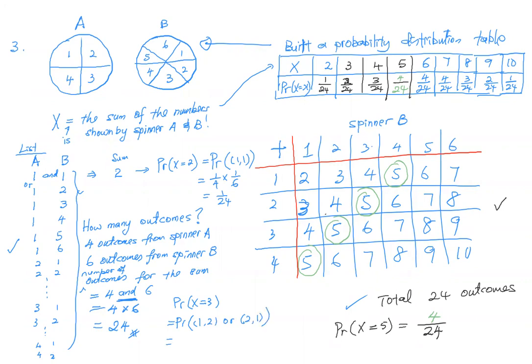So, or, you have to add. That's why we got 2 over 24. See or not? Using this table is much faster than listing out. Listing out will make you go crazy because there are many possible outcomes.